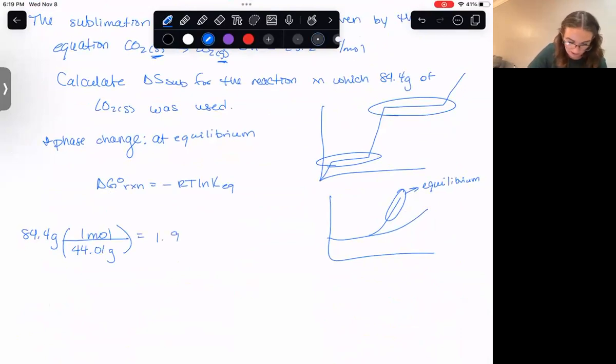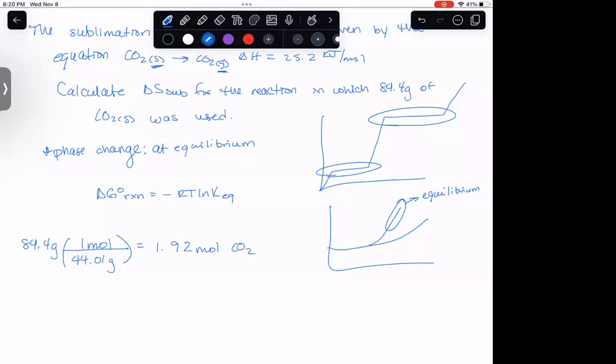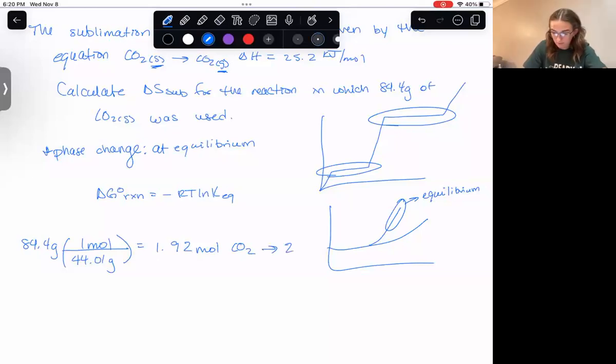Okay, so we have 1.92 moles of CO2. I think he rounded that to 2, if I remember correctly. So if he rounds this, we'll say we have 2 moles of this.